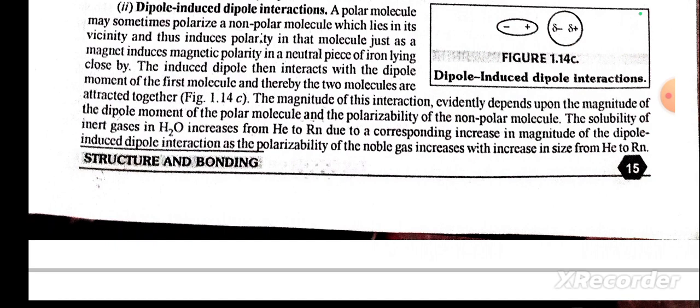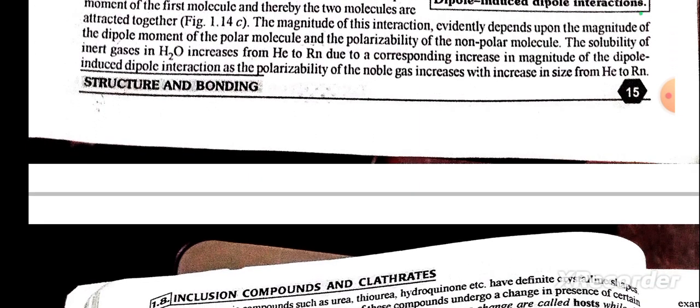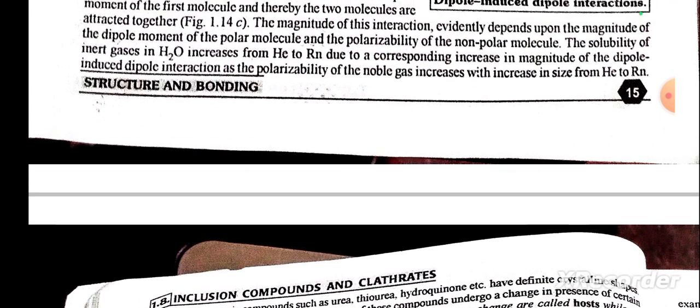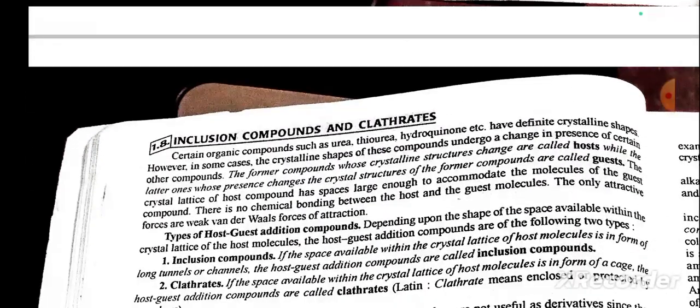The solubility of the inert gases in H2O increases from He to Rn, due to the corresponding increase in the magnitude of dipole-induced dipole interaction, as the polarizability of the noble gases increases with increase in size from He to Rn.